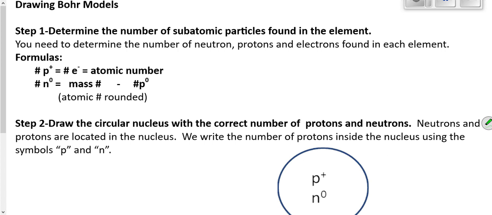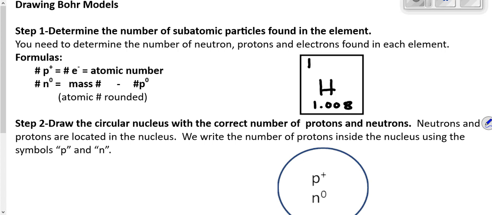So when I want to go and draw a Bohr model, the first thing I'm going to have to do is determine how many of these different kinds of subatomic particles, how many protons, neutrons, and electrons I'm going to need. And I find that information by looking at my periodic table. So let's consider an element on the periodic table. If you look at the periodic table that's at the front of your booklet, you could see, for example, they have a nicely labeled diagram there of the hydrogen atom top and center.